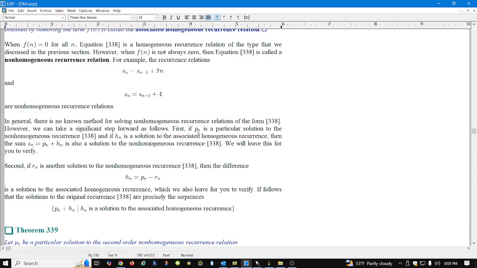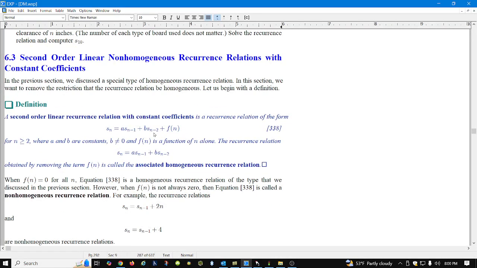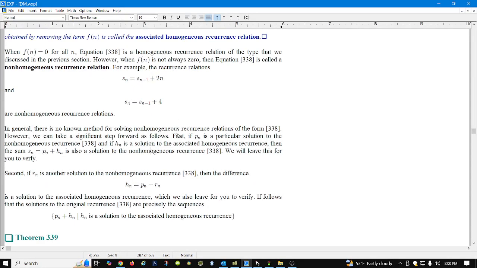First, if Pn is a particular solution to the non-homogeneous recurrence, this one here, we'll assume this is non-homogeneous, and if H sub n is a solution to the associated homogeneous recurrence, then the sum is also a solution to the non-homogeneous recurrence.